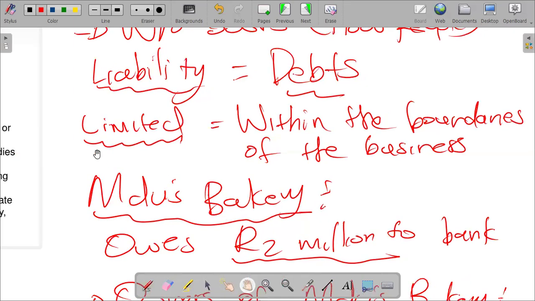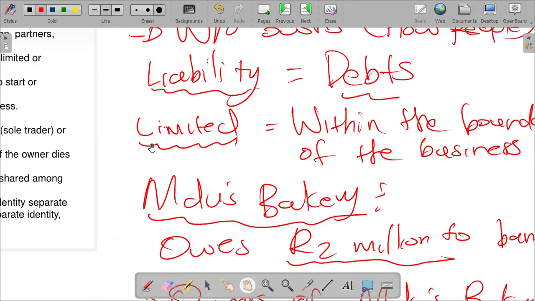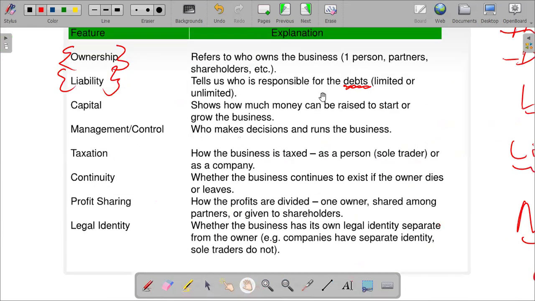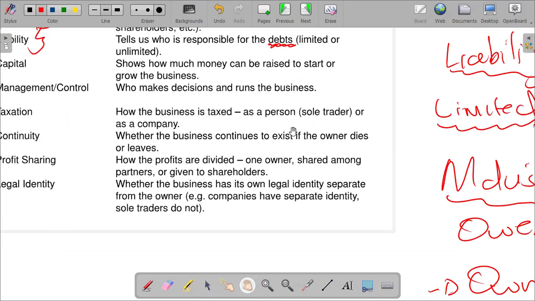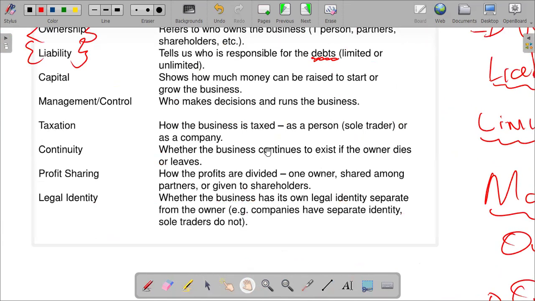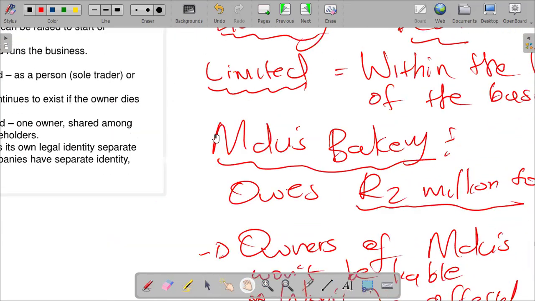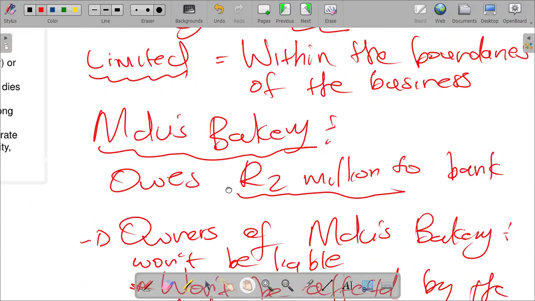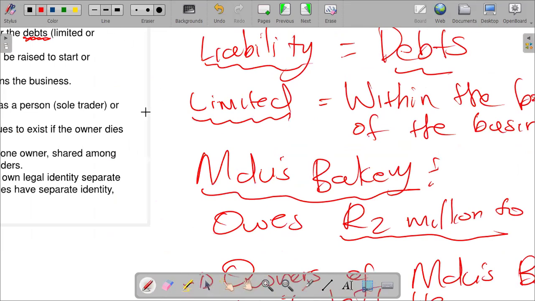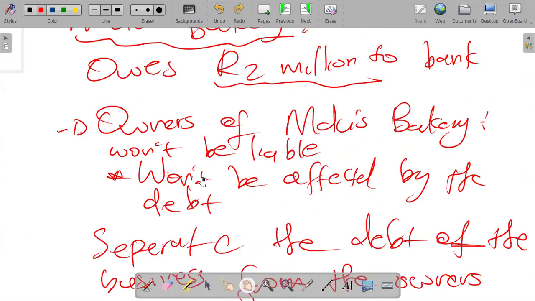This is when a debt or a liability is limited, right? When it is a limited liability. And then we get unlimited liability, which mostly happens in a sole trader or sole proprietor or a partnership. All right, so this will be our first one, a limited liability, where owners are not liable for the debt.